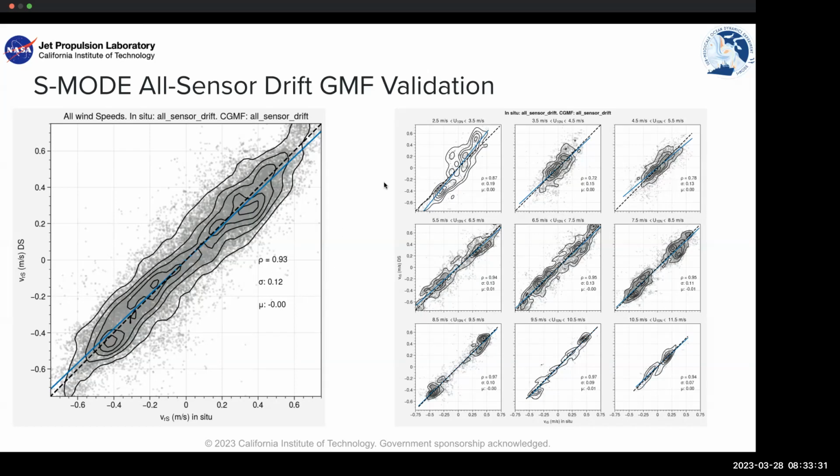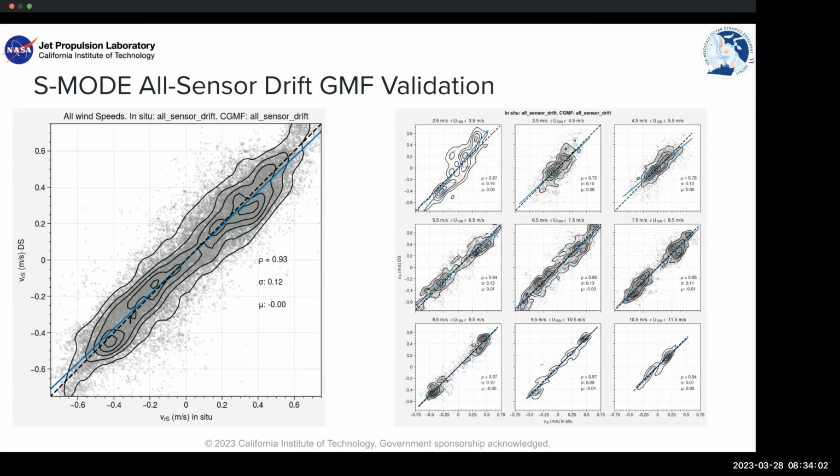You can take a look and see how well this estimate aligns with the different wind speeds, whether there's an area where we work better at different wind speeds. And you can see a couple of things. First of all, as the wind speed increases, the correlation coefficient increases. So at low wind speeds, we have poorer correlation coefficients and noisier data.